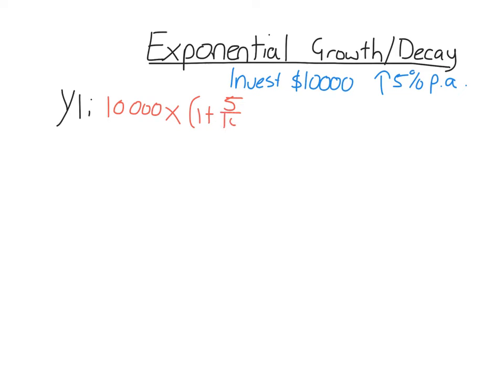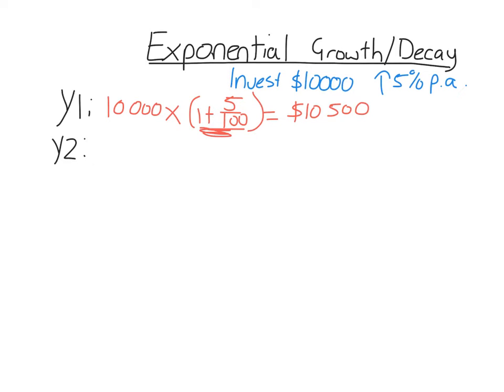The reason I can do that is because increasing a number by 5% is the same as finding 105% of the number. This number here in the brackets is 105%, and 'of' means times. So if I increase 10,000 by 5%, I now have $10,500. So you can see my investment's gone up by $500 in the first year.